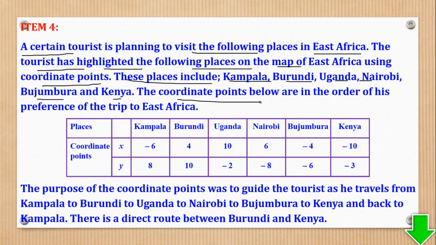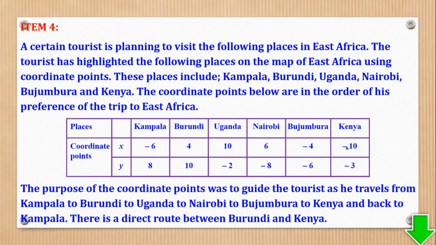The coordinate points below are in the order of his preference of the trip to East Africa. So starting from Kampala with those coordinates, go to Burundi, then Uganda, then Nairobi, Bujumbura, Kenya.